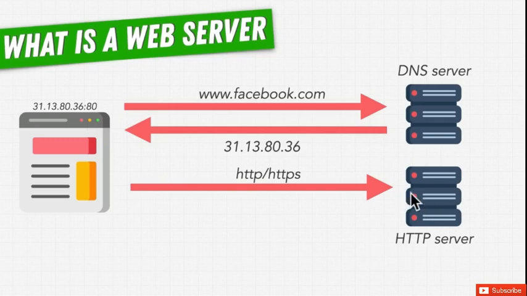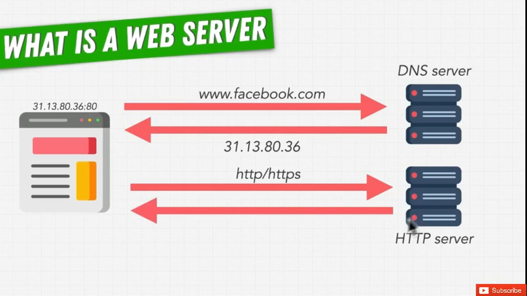The port specifies which application on that server should handle our request. So in this case, we have an HTTP server running on port 80 that will then send back to our browser whatever data that we need to display. Especially if it's a dynamic website like Facebook with changing content.